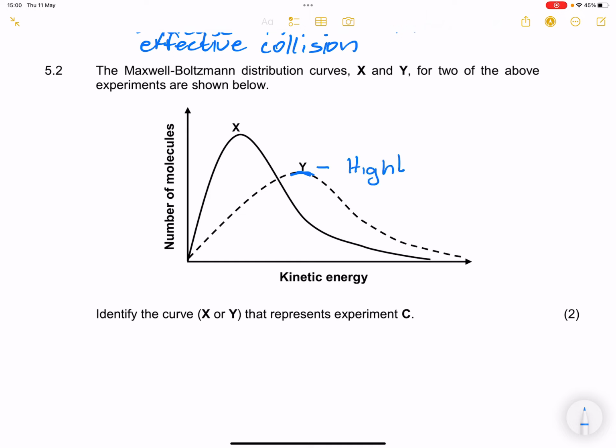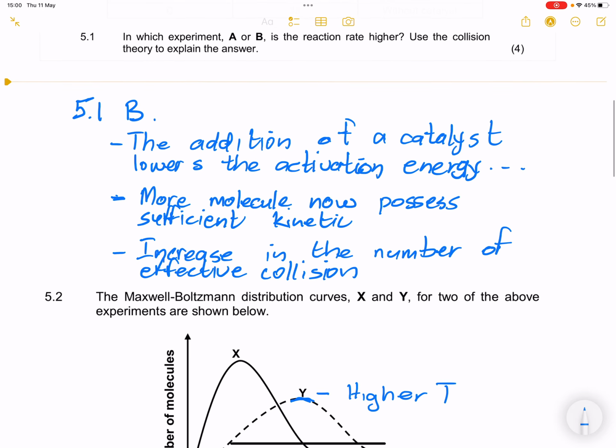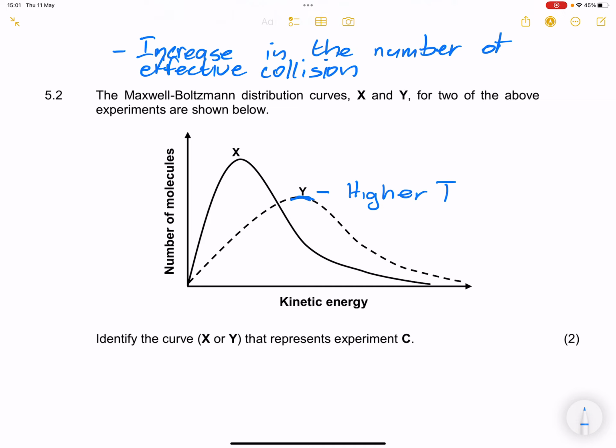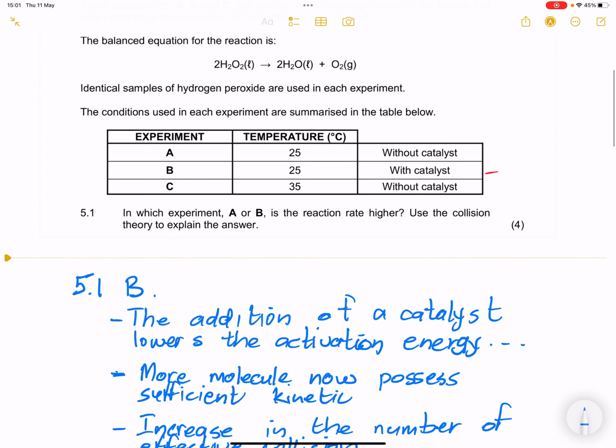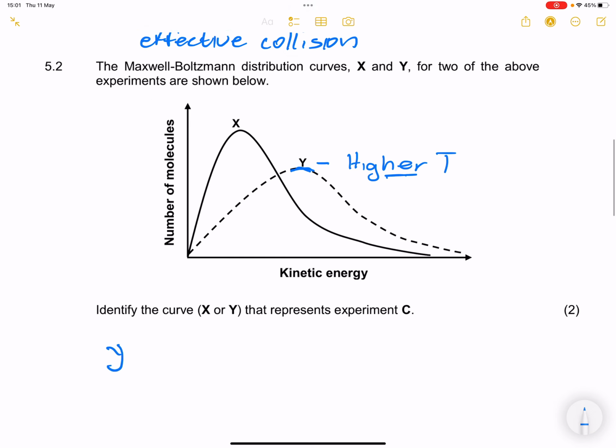They want us to identify the curve, X or Y, that represents experiment C. Experiment C has the higher temperature, so definitely it should be Y. They didn't ask us to explain, so let's not even bother.